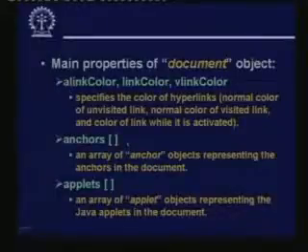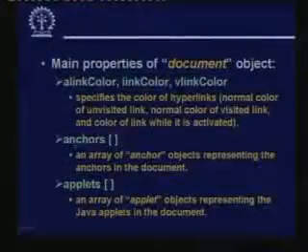The second set of properties are anchors. Now, you know, within a document you can provide some anchors and you can have hyperlinks made to those anchors in the same document. By clicking on the hyperlinks, you can go straight away to a certain section of a document. Now, if a document has 10 anchors defined, they will be available as an array of 10 elements, and this array will be called anchors.